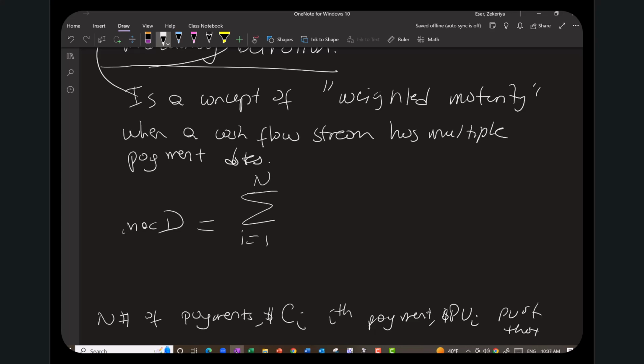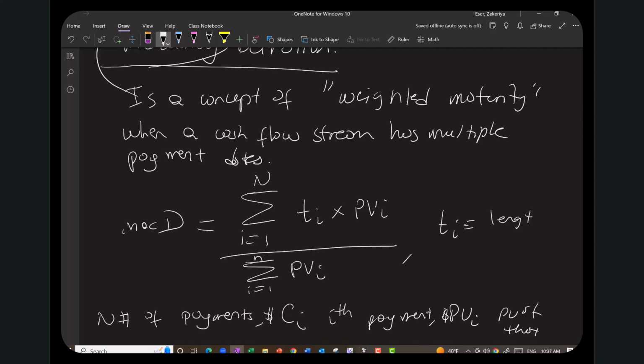So you're going to take ti times PVi and divide the whole thing. The ti is the time until the ith payment.